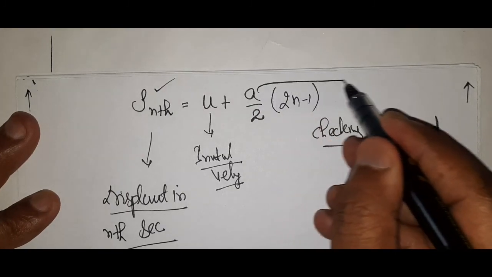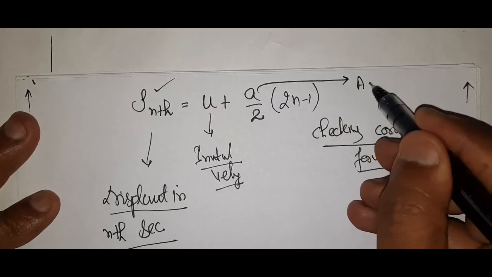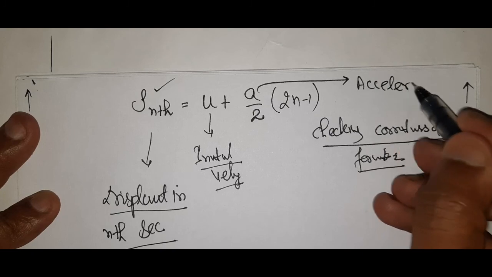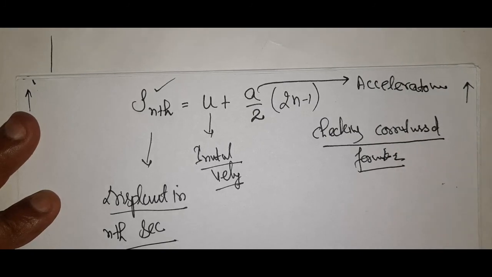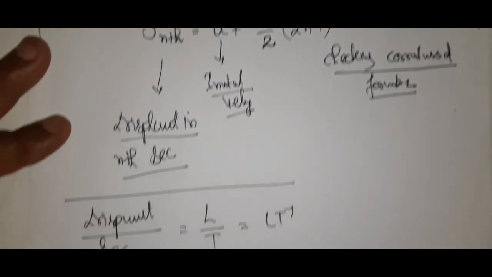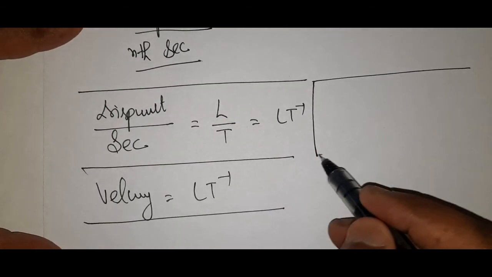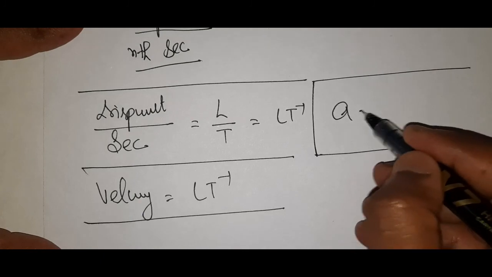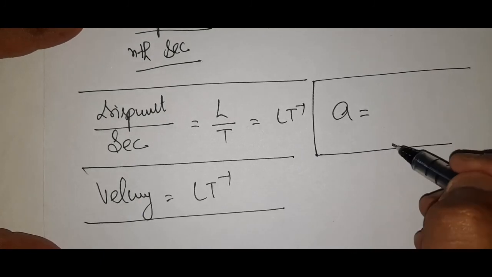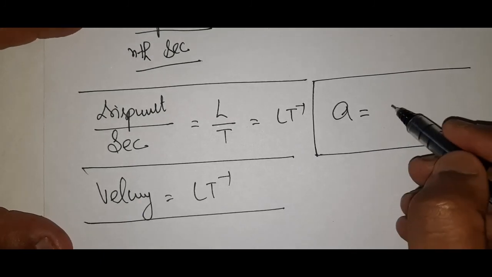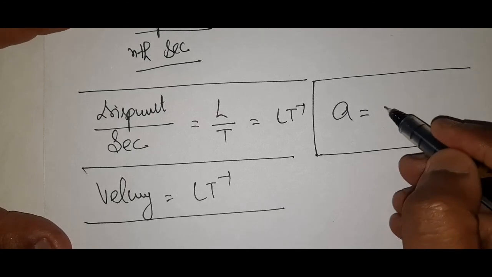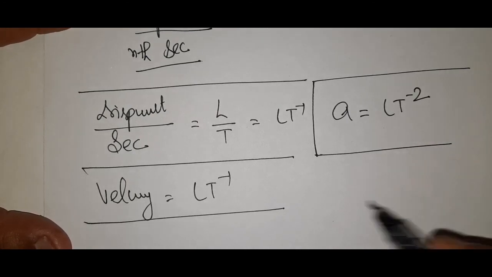This is your acceleration. For acceleration we have the formula: acceleration is velocity over time. Velocity is LT minus 1 over T, so this comes to LT minus 2.